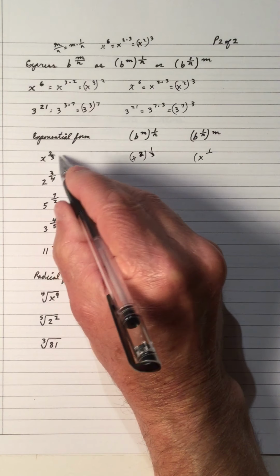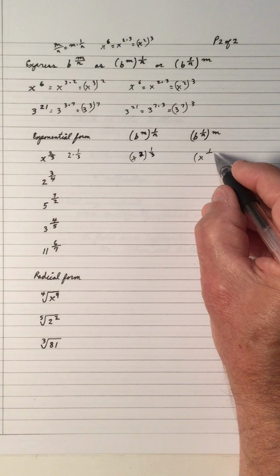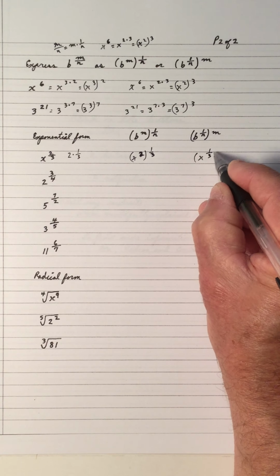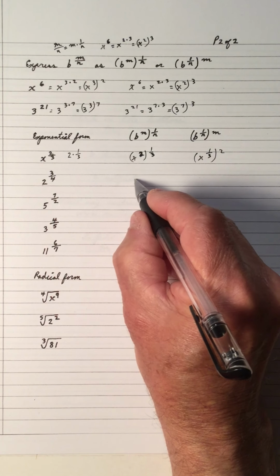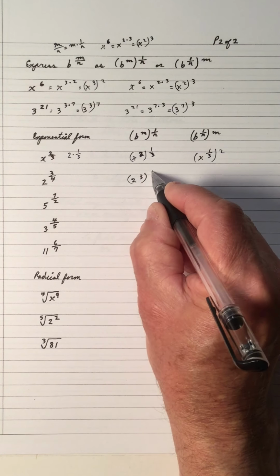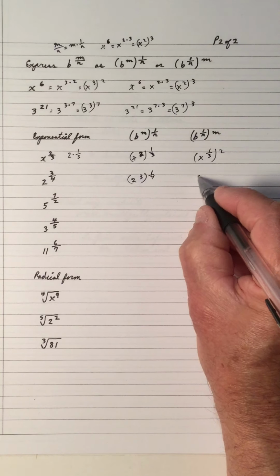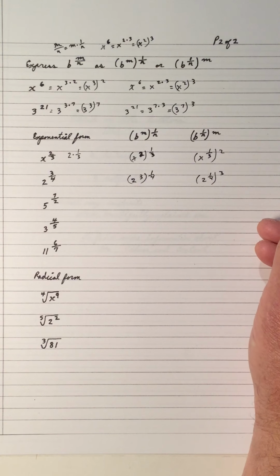The fraction is 1 over 3. That's 2 times 1/3, because 3 is in the bottom. And 2 to the 3/4 is 2 to the 3 to the 1/4 power, or you can get 2 to the 1/4 cube power, either or.